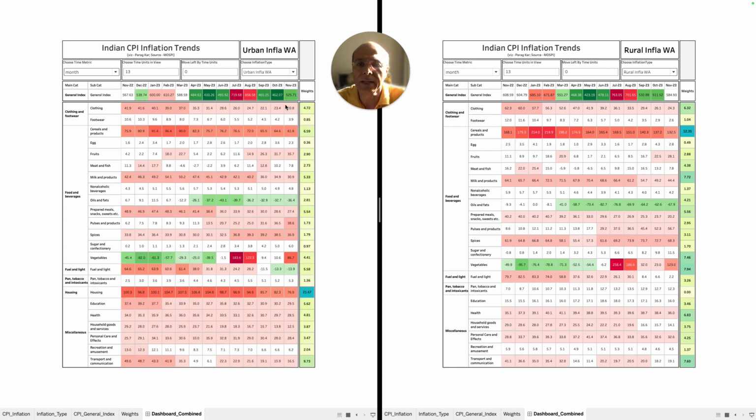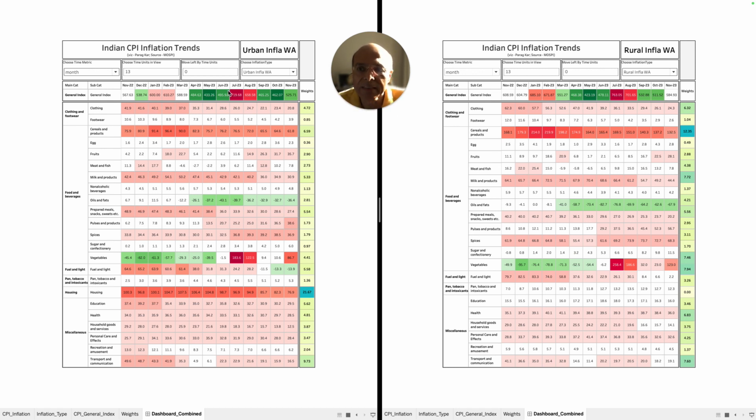So I am going to use the urban inflation weighted average and compare that with the rural inflation weighted average, which will give us a very good picture of what is going on, right? So friends, let's start and see the difference, because on the left hand side of your screen you will see the urban inflation weighted average matrix, and on the right hand side the rural inflation weighted average matrix, right?